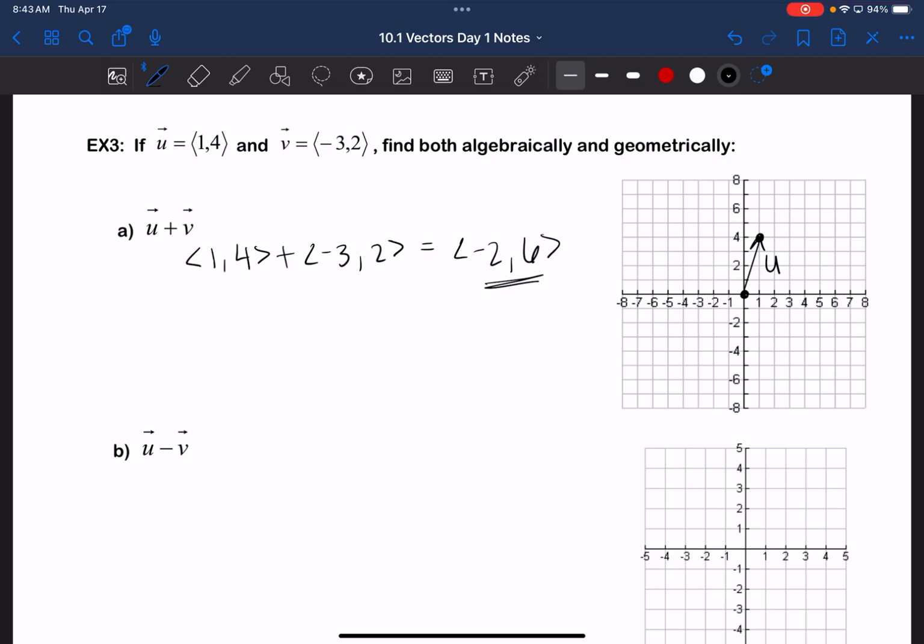Then I would do vector v, which would be 3 places to the left and up 2 places, which would put me at (-2, 6), just like we said it would be. So this would be the vector that we came up with. All right, you guys do B and C.